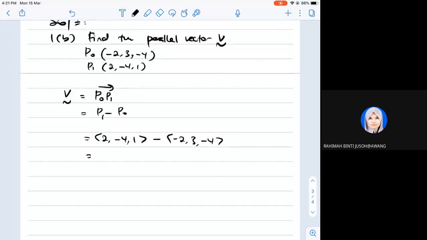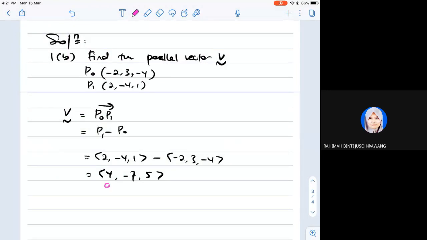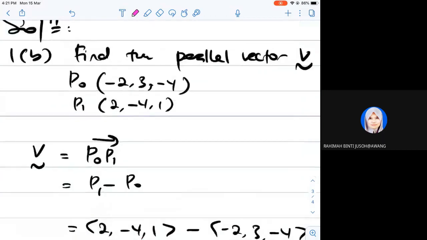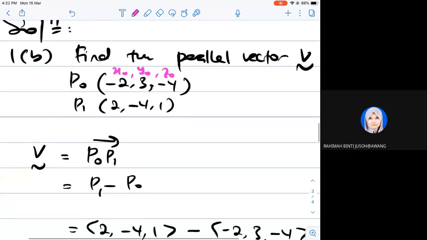So 2 minus -2 gives 4, -4 minus 3 gives -7, and 1 minus -4 should be 5. So now guys, this is our A, B and C. And P0 we took as -2, 3, -4, so this is our X0, Y0 and Z0.